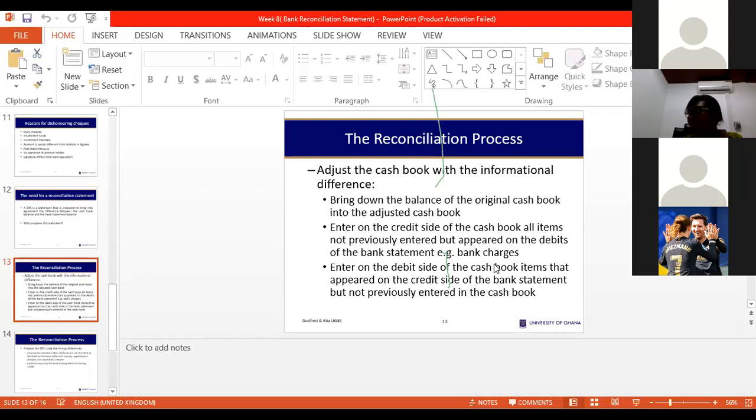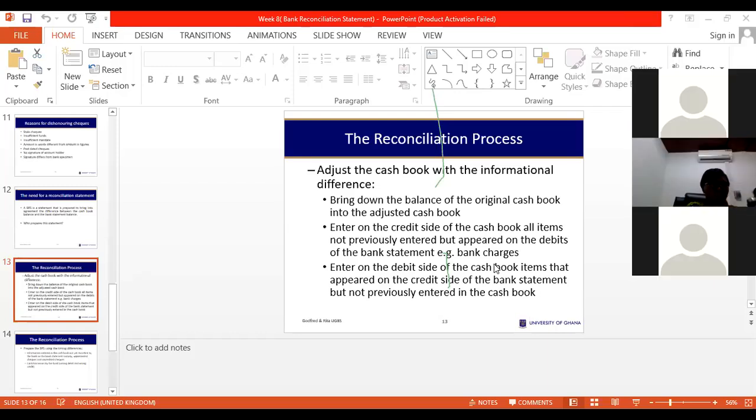I've made this very clear. Anytime we are talking about bank reconciliation, we are talking about the bank column of the cash book. So if your debtors pay cash into your bank account, you must put it under your bank column. If they bring the cash to the business, you put it under the cash column.